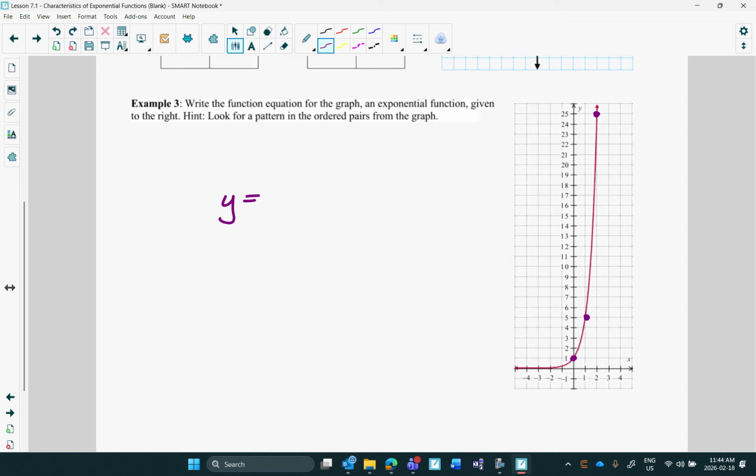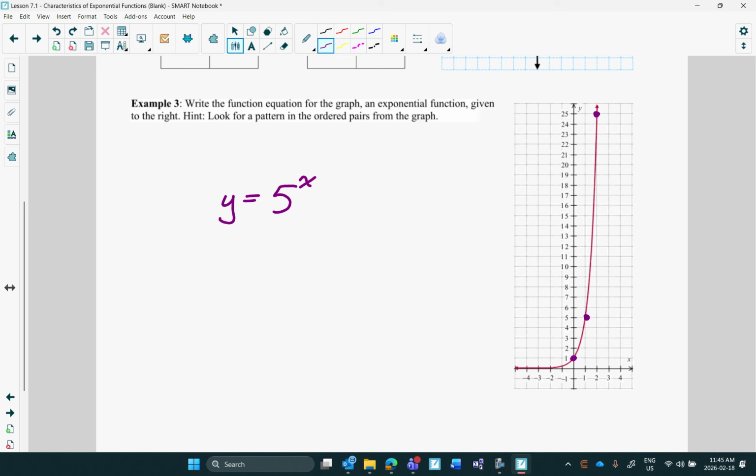So it is 5 to the x. Okay. So notice, like I said, the bigger the base gets, it's almost going vertical.